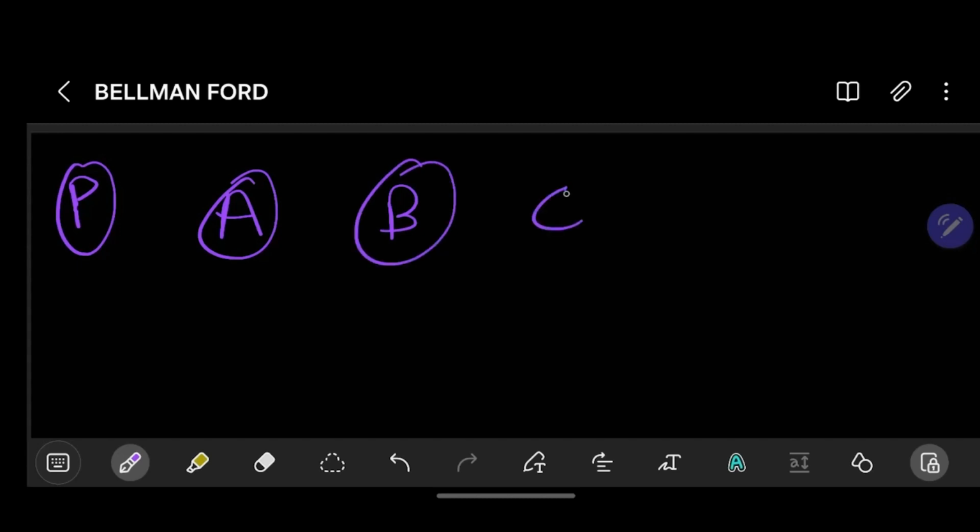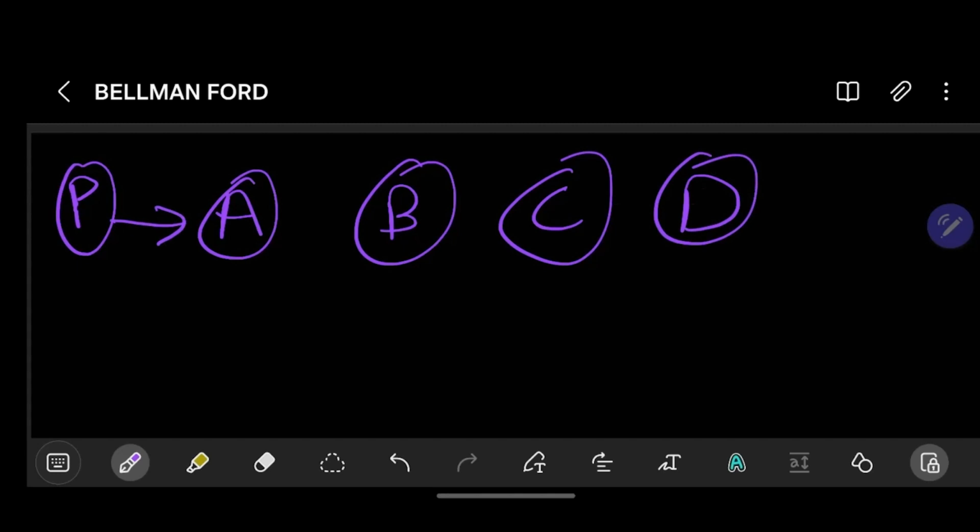So let's say, for an example, we have nodes, or cities, A, B, C, D, and you have your weights between them as 3, 5, minus 2, and 1.